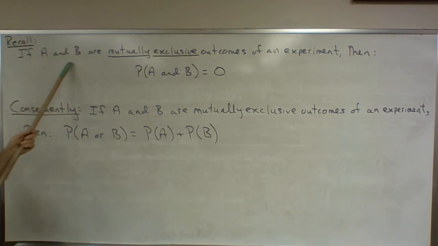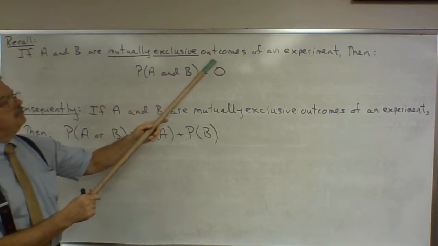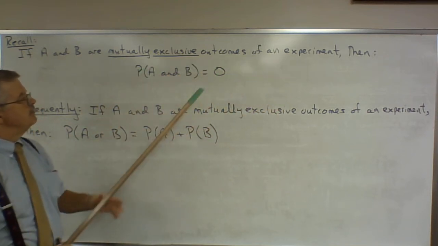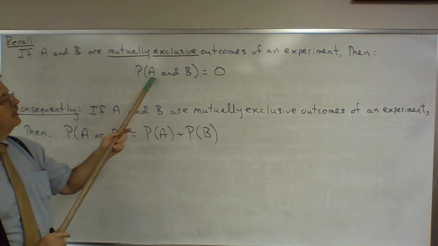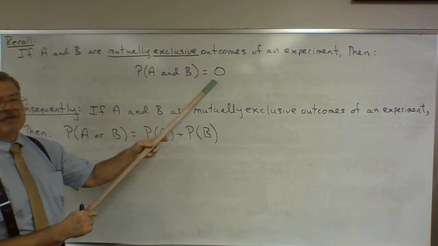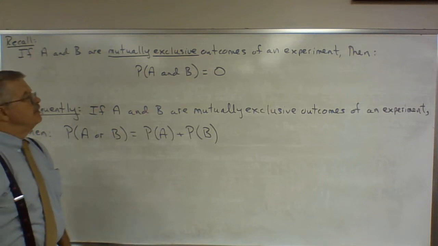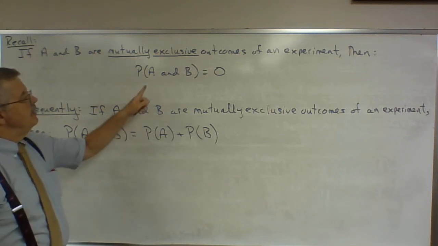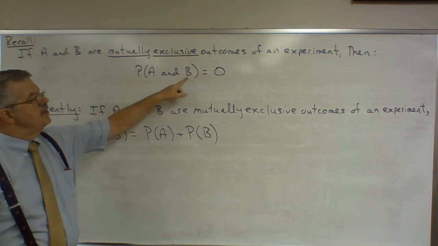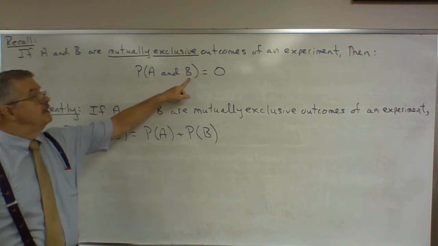Recall, if A and B are mutually exclusive outcomes of an experiment, then the probability that A and B both occur is 0. If they're mutually exclusive, then the occurrence of one makes the occurrence of the other an impossibility.